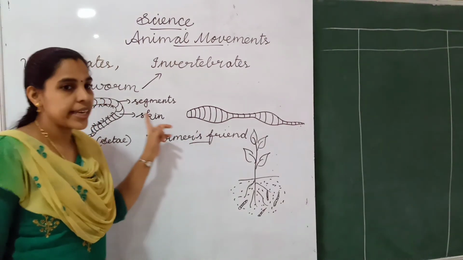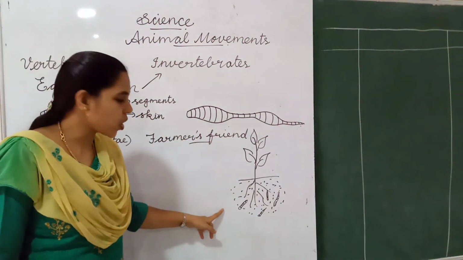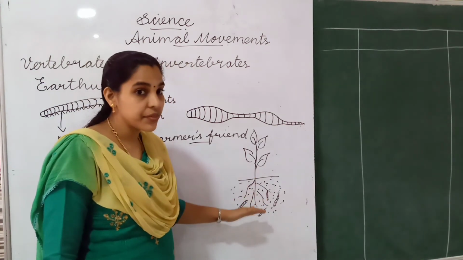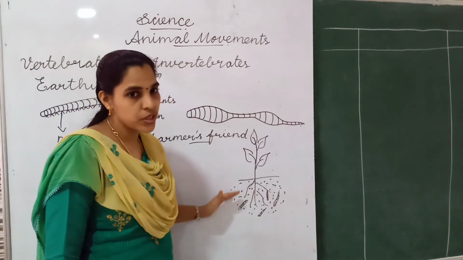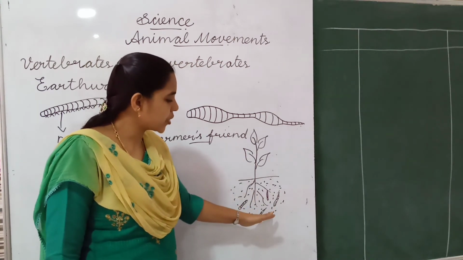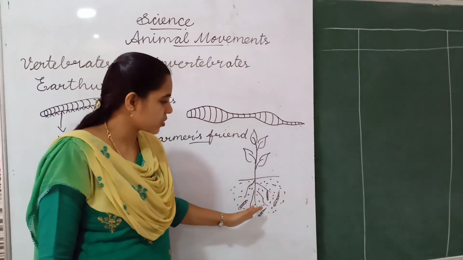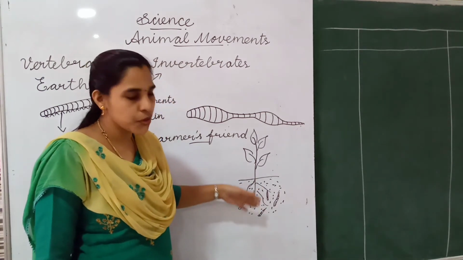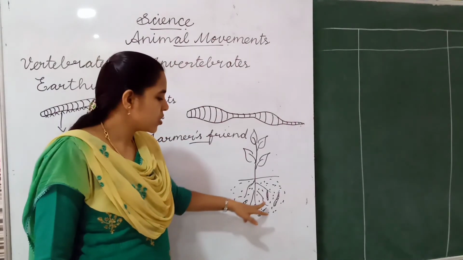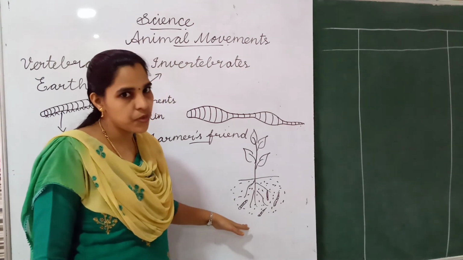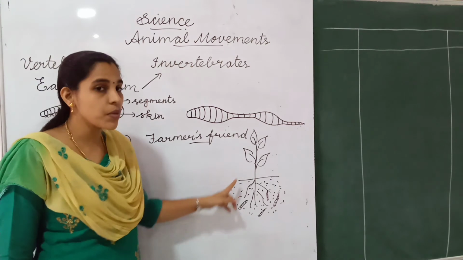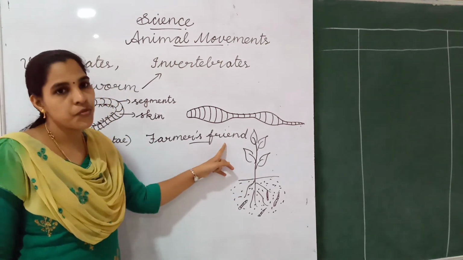The plants and fruits will absorb these nutrients from the soil. So the earthworms are helpful for plants. So the earthworms are called farmer's friend.